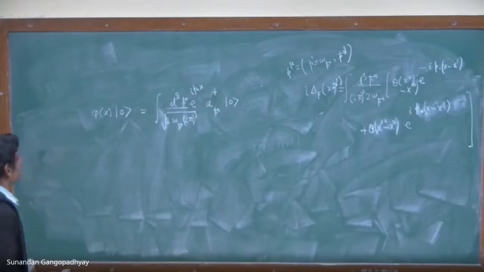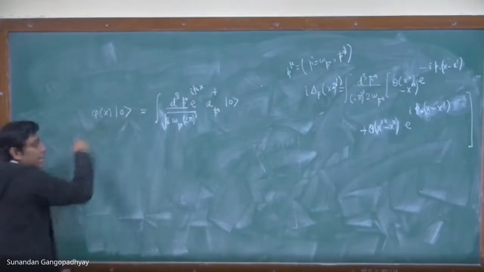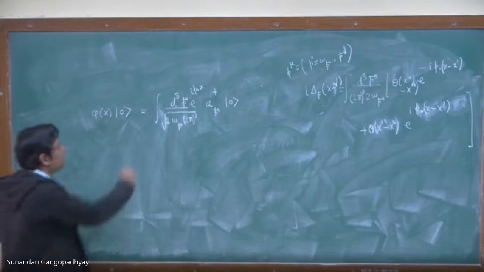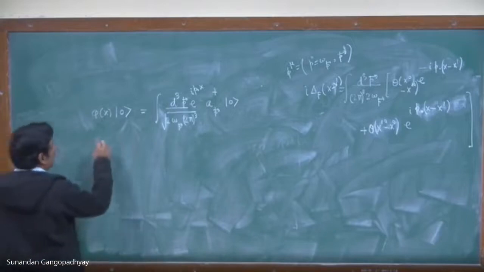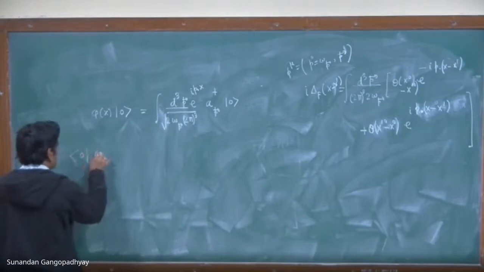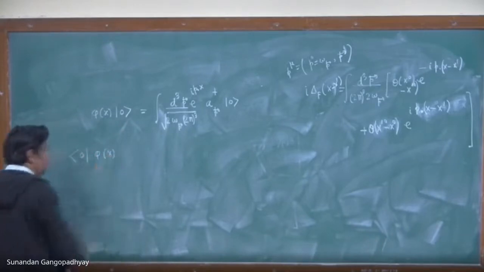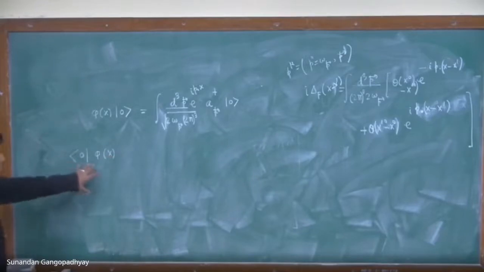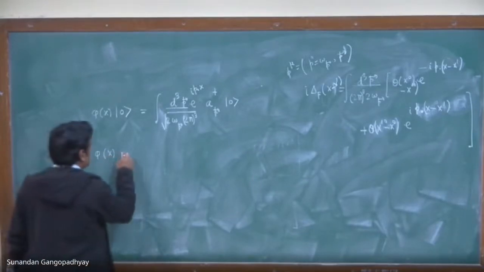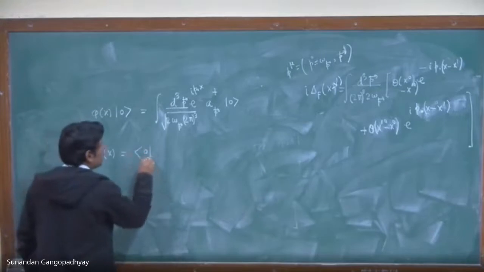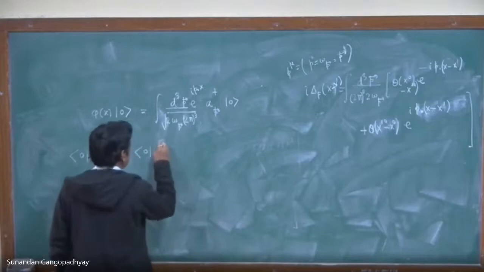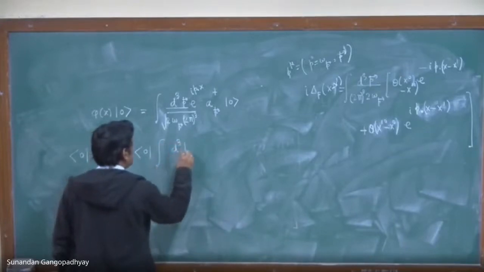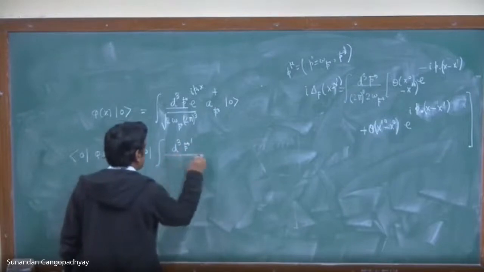Now, let us take a bra of this equation. If you take a bra of this equation, we get <0| phi of x. This will be now <0|, and once again we will have an integral, so this will be integral d cubed p prime by square root of 2 omega p prime (2 pi) whole cube, and we will have a of p prime.